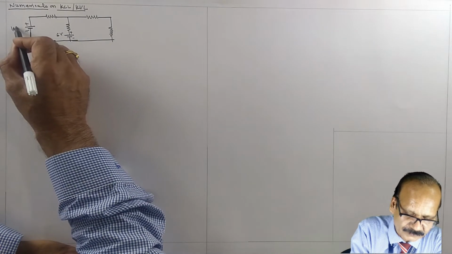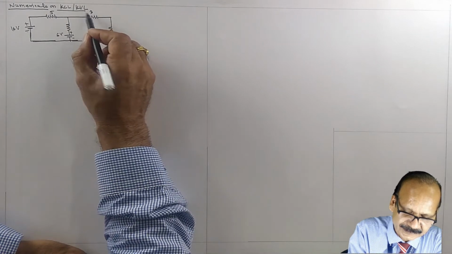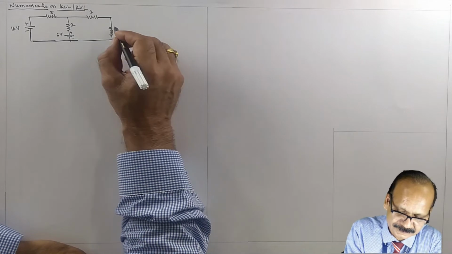This is 16 volt, say 6 volt, this is say 5, this is say 3, this is say 2, and say this is 6.